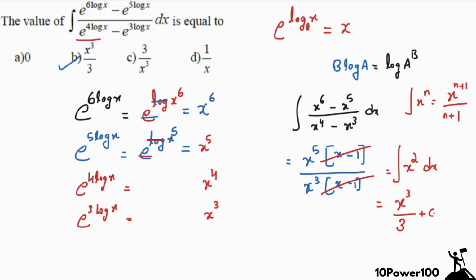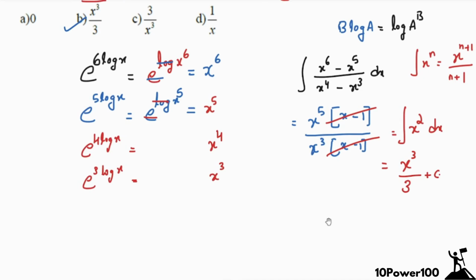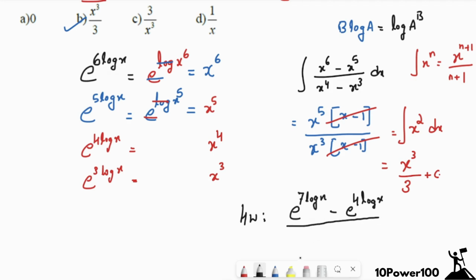Now the homework question for this. The question is: e power 7 log x minus e power 4 log x, whole divided by e power 6 log x minus e power 3 log x, into dx, along with integration.